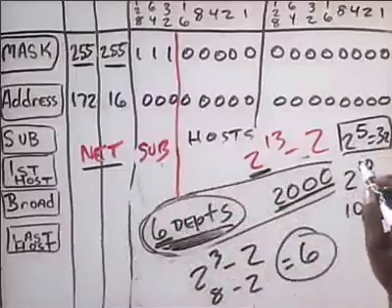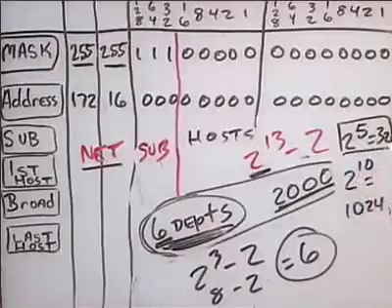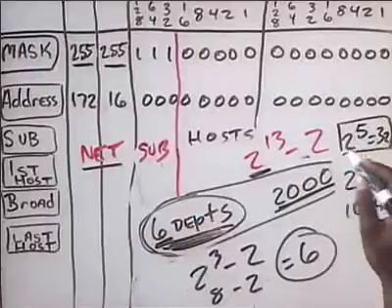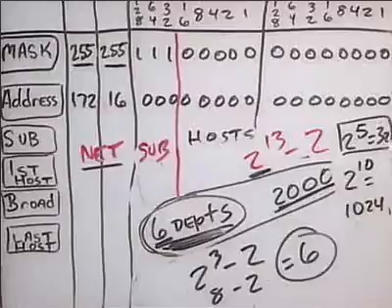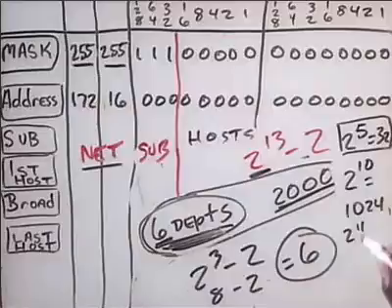from wherever you are. Say, for instance, it's 2 to the 6th that you're trying to remember. Well, 2 to the 5th, you know, is 32, so you double that and you get 2 to the 6th, which is 64. So if 2 to the 10th is 1024, if you want 2 to the 11th, you double that and you get 2048.